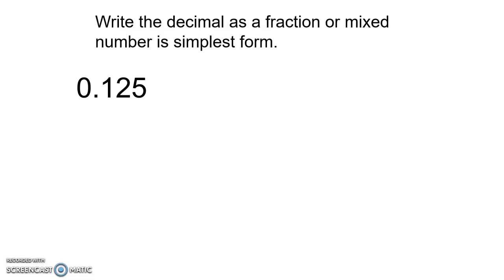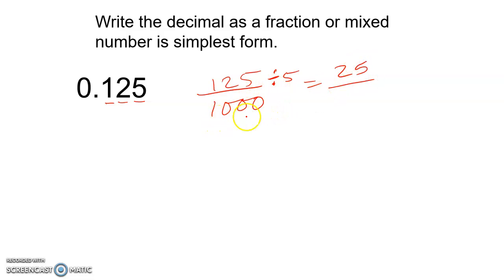All right, so do you see how there are three numbers to the right of the decimal? That means I'm going to put a 1 with 3 zeros on the bottom. On the top, I just put the 125. Now, this one, they're not even, but I can take out a 5 because it ends in a 5 and a 0. If I take out a 5, that's going to go 25 times. 5 into this goes 200 times.